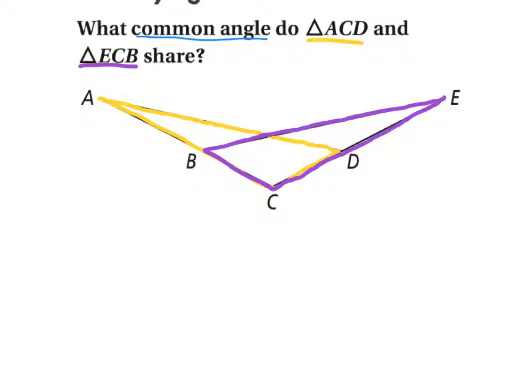Say that again? There's no angle B that is shared between the two triangles. Because here's the thing, folks. If you're not seeing it right now, sometimes it helps not only to highlight, but then to pull the two triangles apart from each other. The gold triangle, triangle ACD, looks something like this by itself.